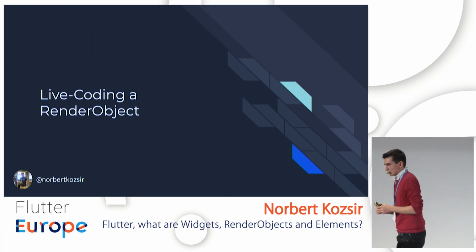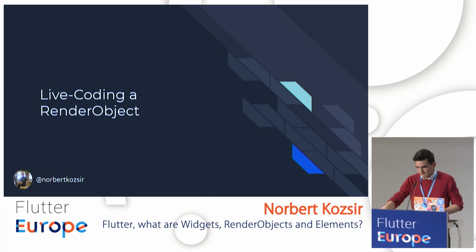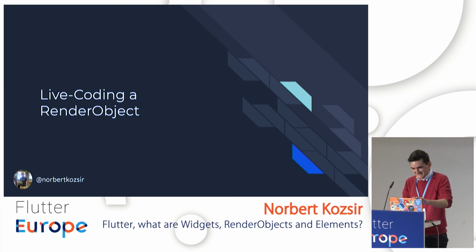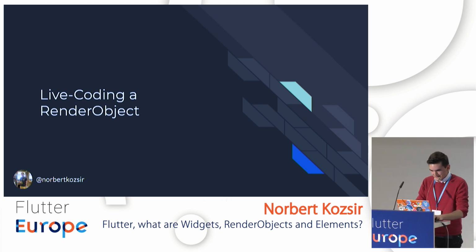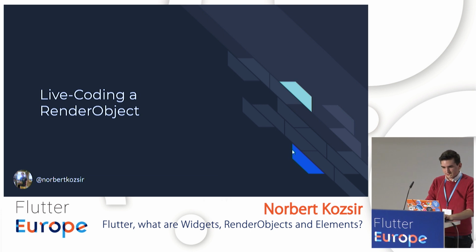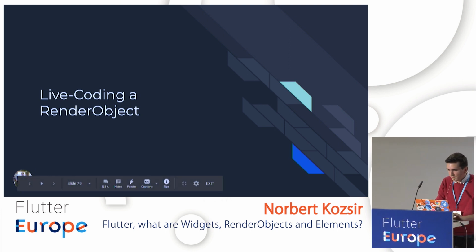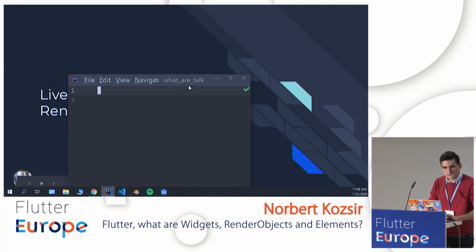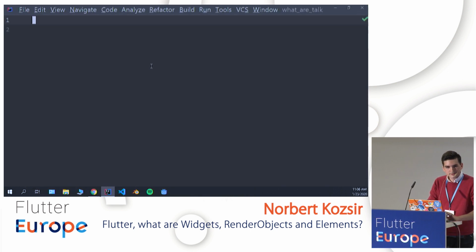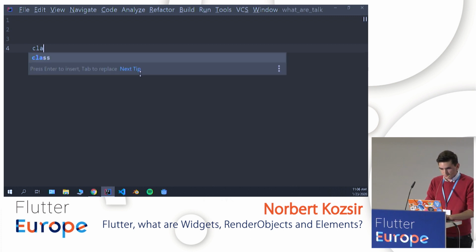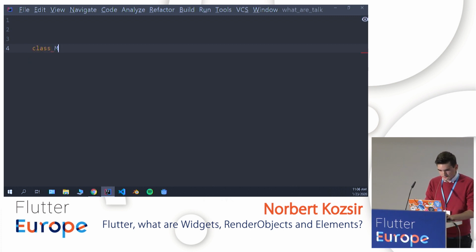So, let's do a bit of live coding. So, first, instead of creating a stateless or stateful widget, we create something else. We call our class MyCenter because it's the most creative name I can come up with.